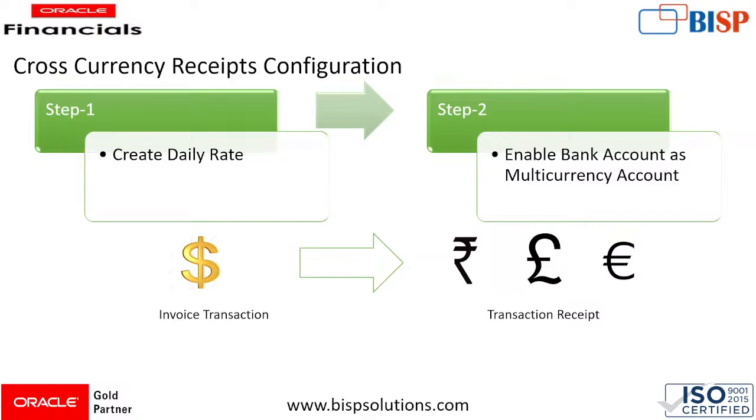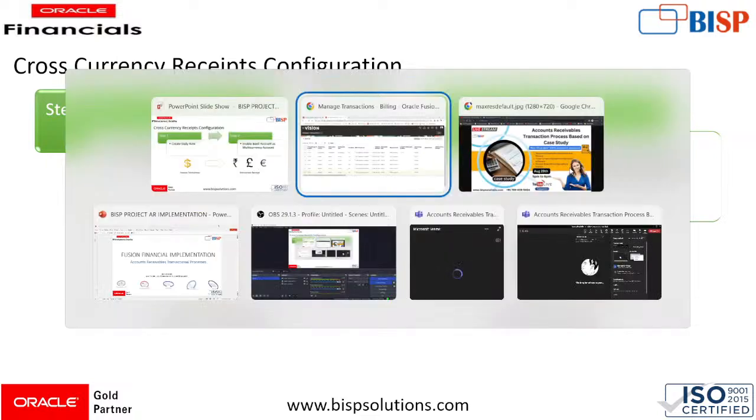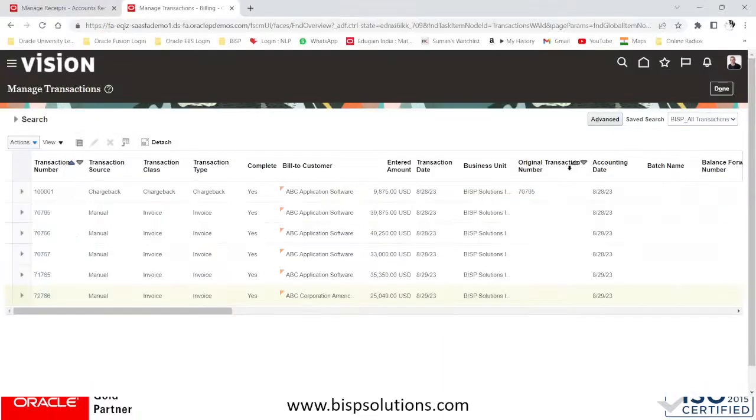So for cross currency, first check the daily rates, and then enable the bank account as a multi-currency account. So let us navigate to the application and check the relevant setups.